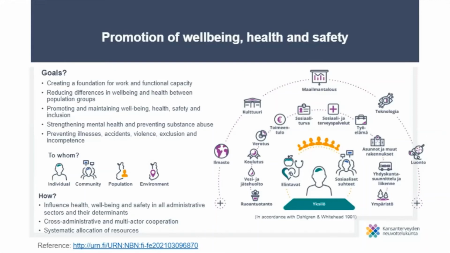They ask, what is this health promotion about? Is it only for individuals or what is it? And this is very useful to explain the cross-sectoral collaboration, why we need different sectors and different actors, and why it is not enough that we concentrate, for example, on individuals.